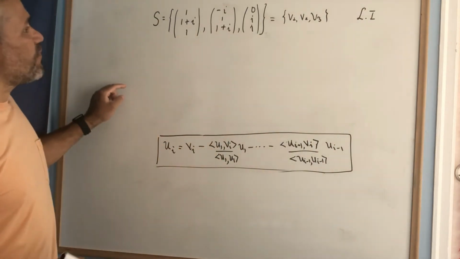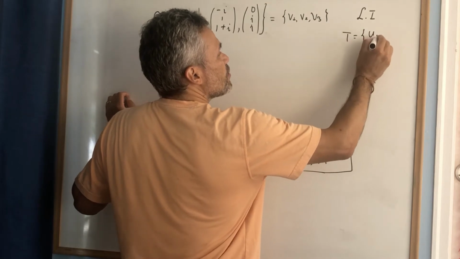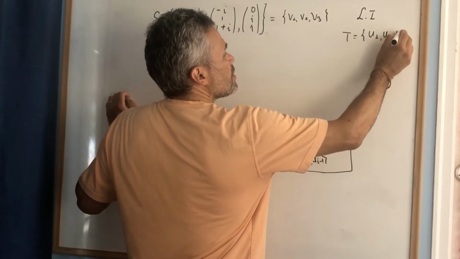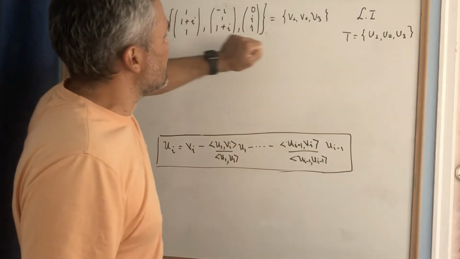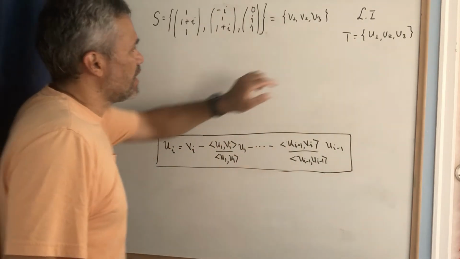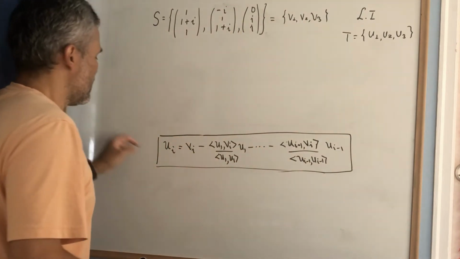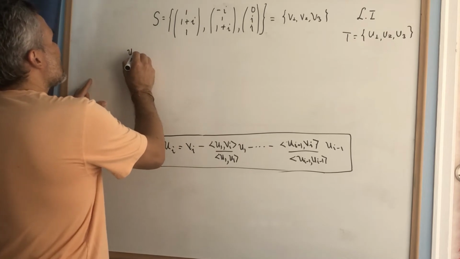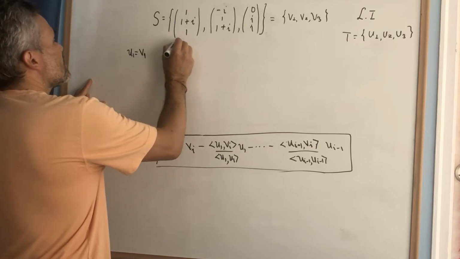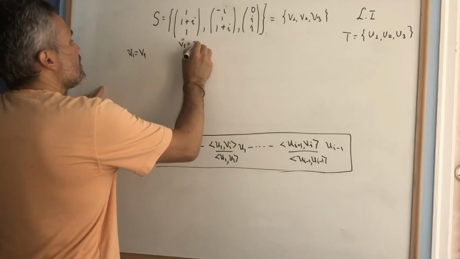The idea is to find a set T equal to U1, U2, U3, such that the span of S is the same as the span of T, and that this set is orthogonal. Let's start the procedure. U1 is equal to B1.